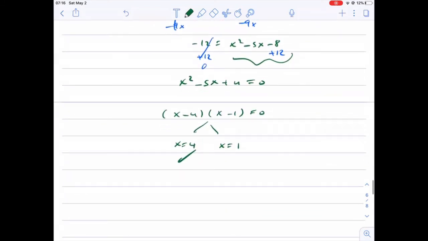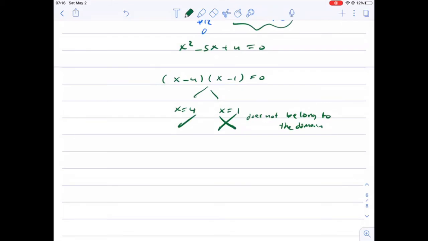This value makes the denominator equal to 0. That means we just cancel it because this does not belong to the domain. Now, after determining the x-intercept, the x-intercept is (4, 0). This is the x-intercept.